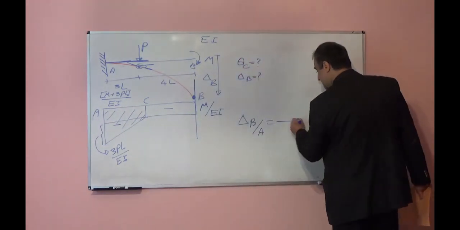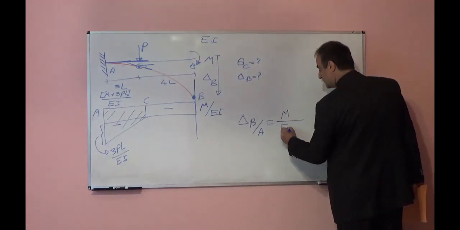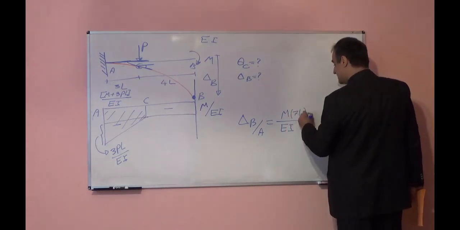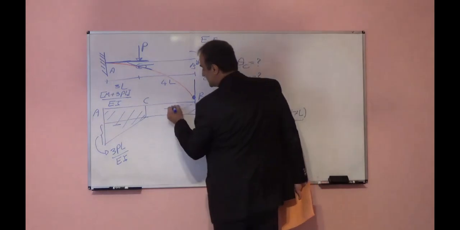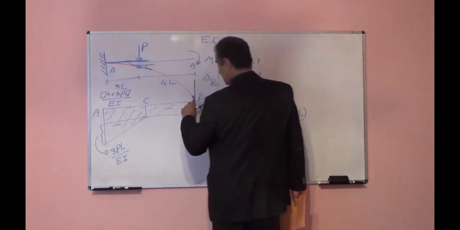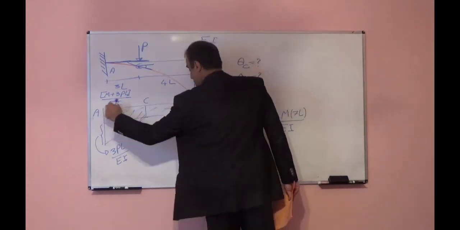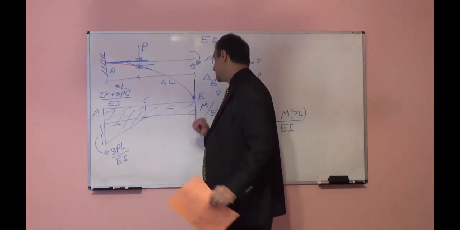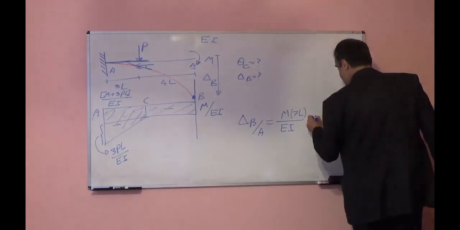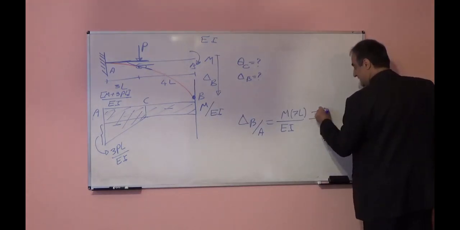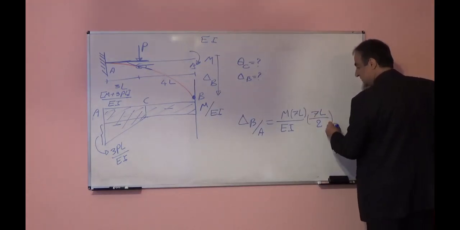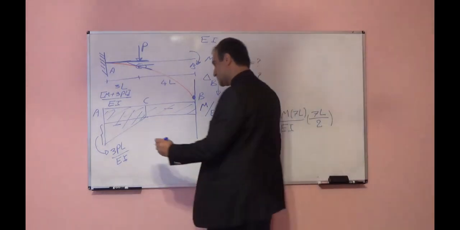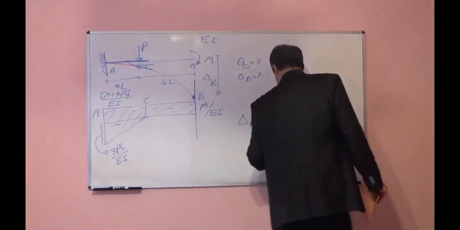That will be equal to M over EI times 7L, the area for this rectangle, times the distance from the center up to here, which is 7L over 2, plus the area for this triangle.